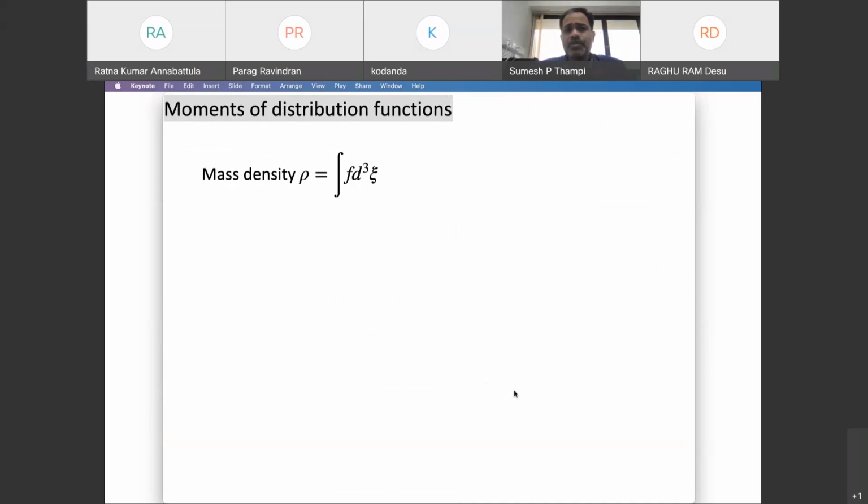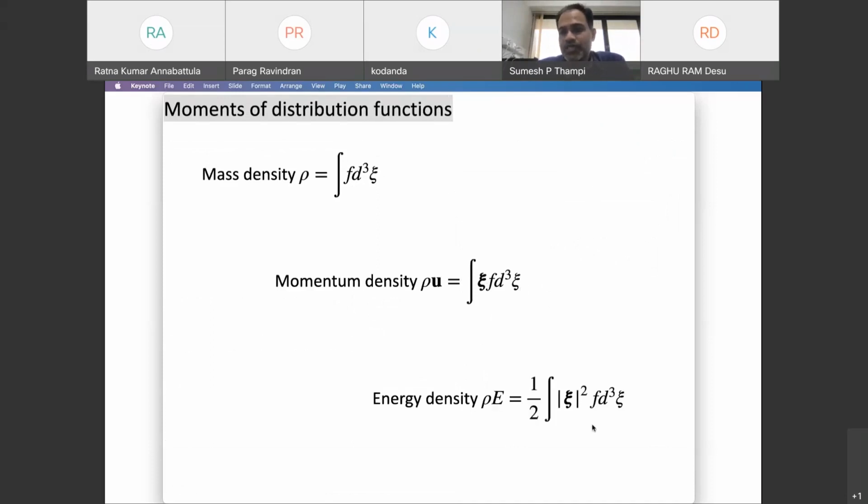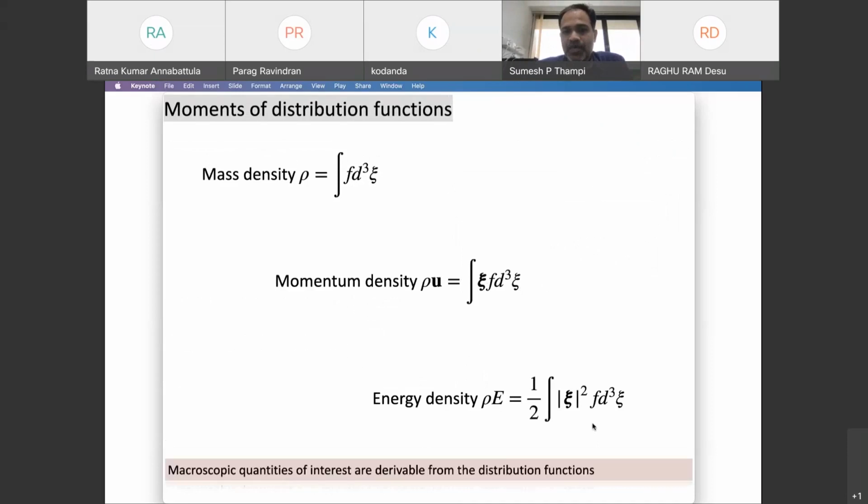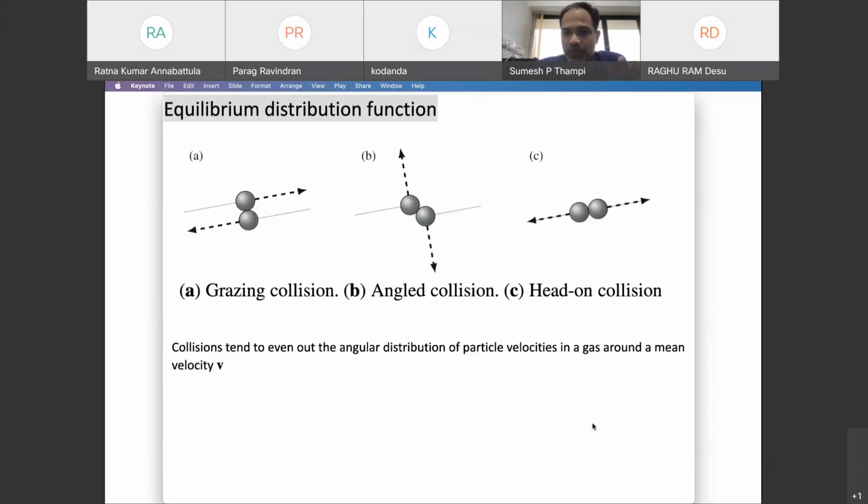So you can integrate the distribution with respect to the velocity space to calculate density. If you want the momentum, you calculate the first moment with respect to the velocity space. If you want energy, you could do the second moment, and so on. So this is the basic quantity that you can use.